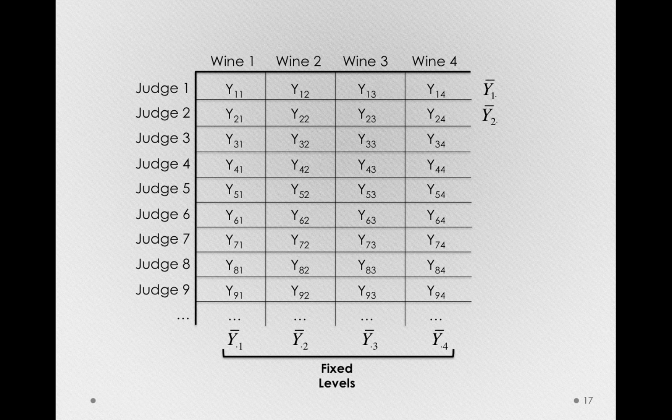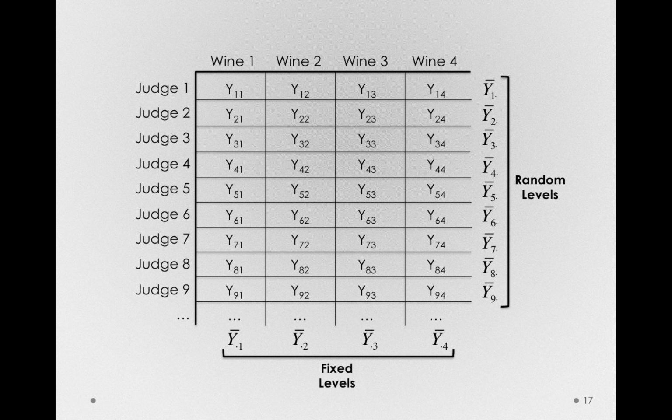For judge 2, we'll have y bar 2 dot, and going all the way down, we'll have means for each of these judges. Now these are random levels. That is, y bar 1 dot, the mean for the first judge, won't be the same mean we would be estimating if we were to replicate the study. That is, the levels of judge 1 through judge 9 here are random levels. They're simply a random sample of all the possible levels that we could obtain from that factor.